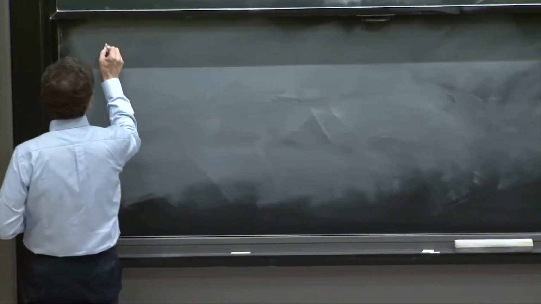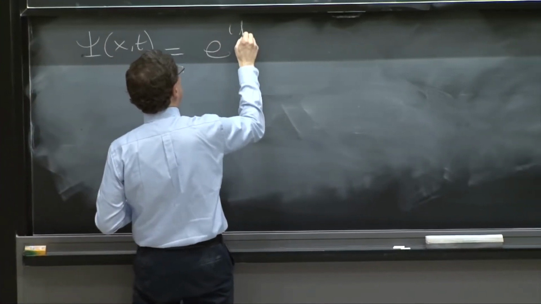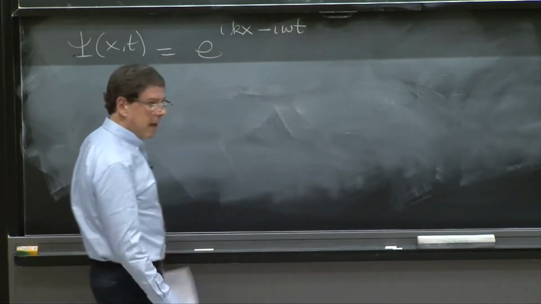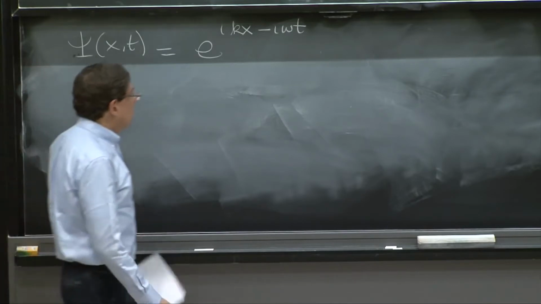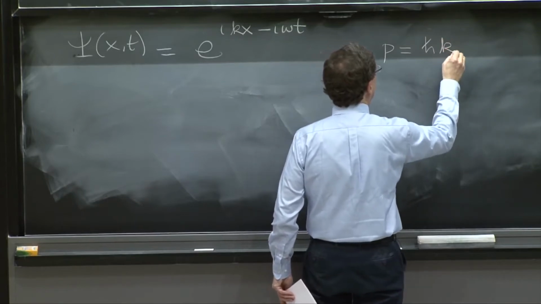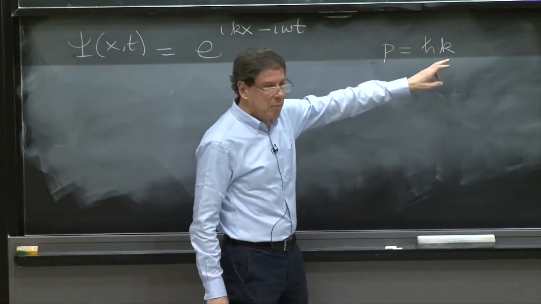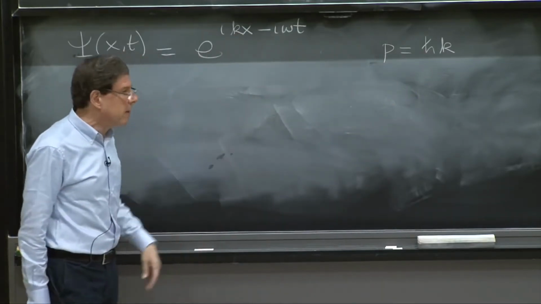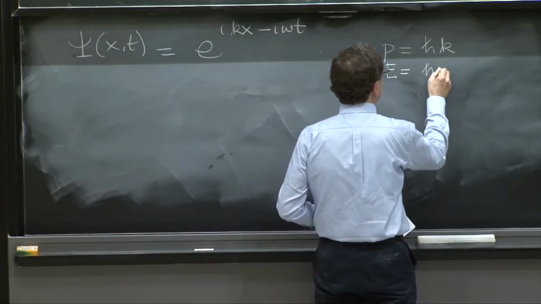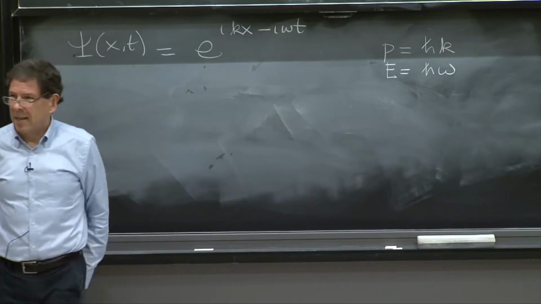We had a psi of x and t that was e to the i kx minus i omega t, and that was the matter wave with the relations that p is equal to h bar k. So this represents a particle with momentum p, where p is h bar times this number that appears here, the wave number, and with energy E equal to h bar omega, where omega is that number that appears in the time exponential.